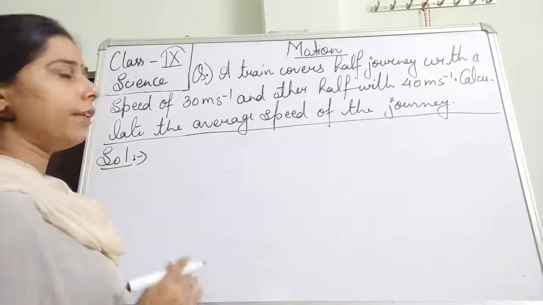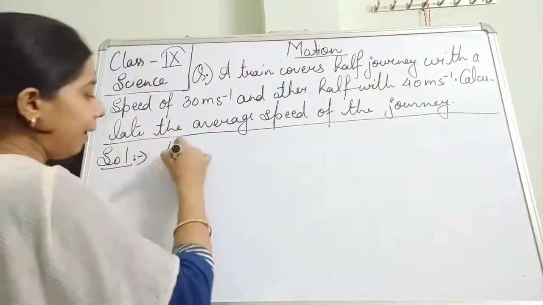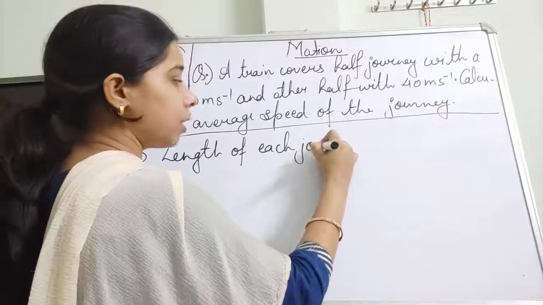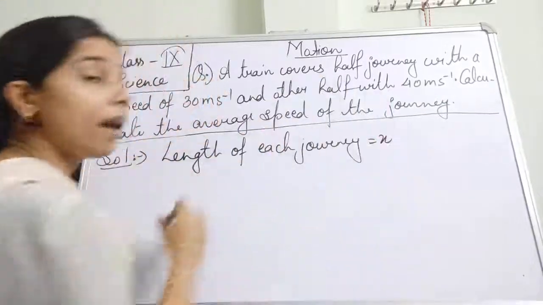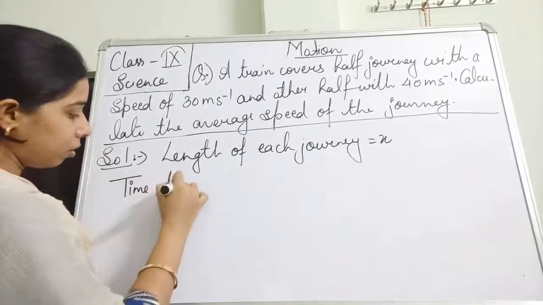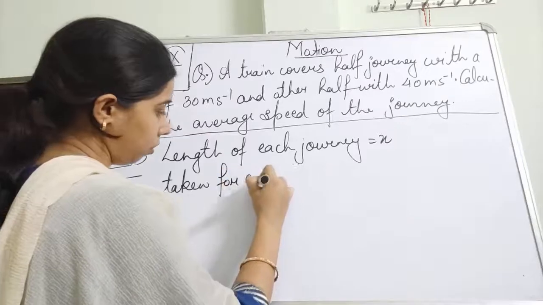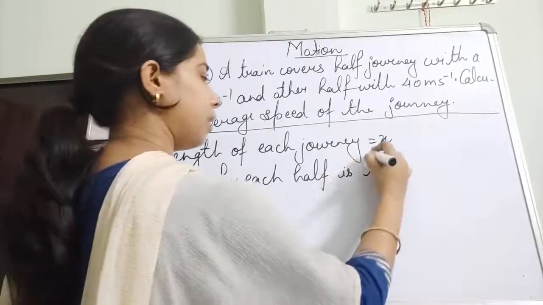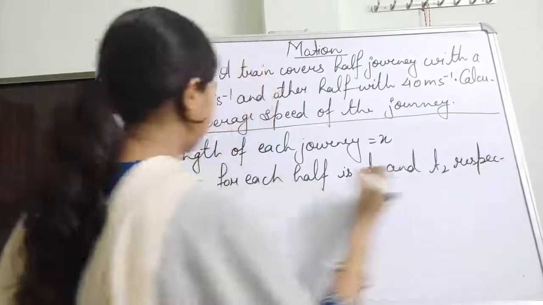So, you can see here, suppose the length of each journey, first half or second half, will be equal to x, and the time taken for each half is T1 and T2 respectively.